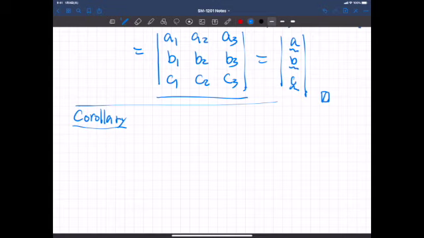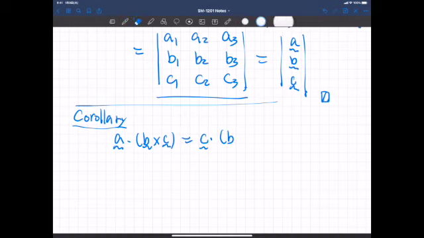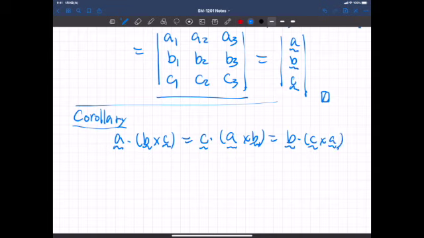So we say this is a corollary to this theorem. We have this result: A dot B cross C is equal to C dot A cross B, which is equal to B dot C cross A.